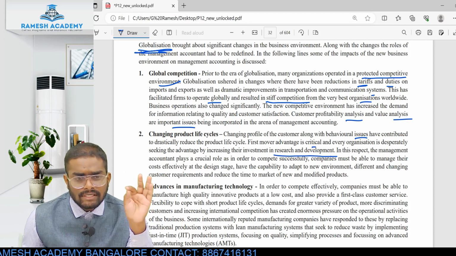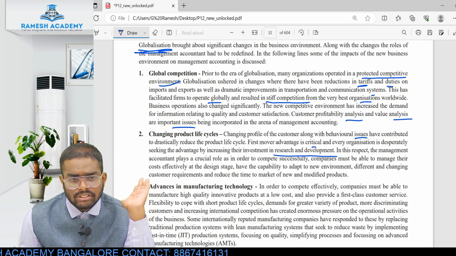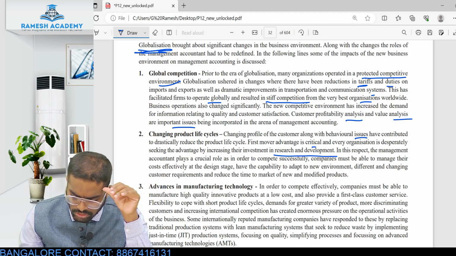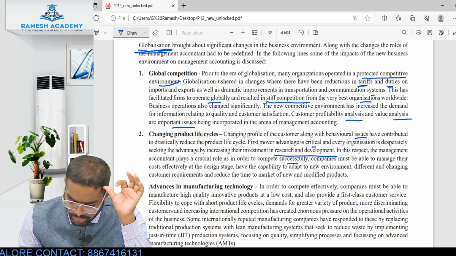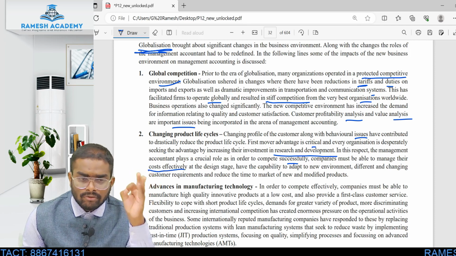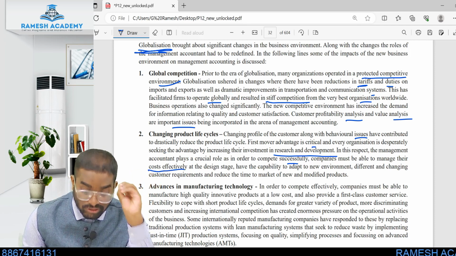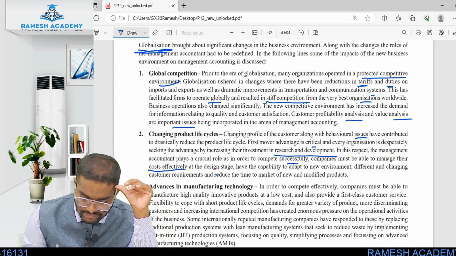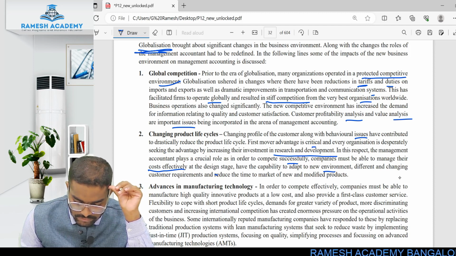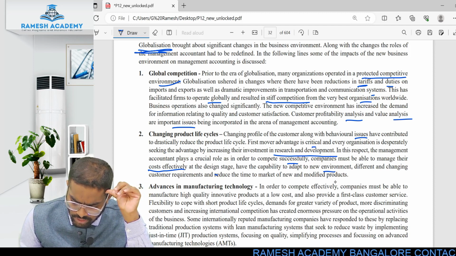By investment in research and development, they are reducing the cost. In this respect, the management accountant plays a crucial role. In order to compete successfully, companies must be able to manage their costs effectively. The role of the management accountant is to manage the cost effectively and efficiently at the design stage, have the capability to adapt to the new environment and different and changing customer requirements, and reduce time to market new and modified products.